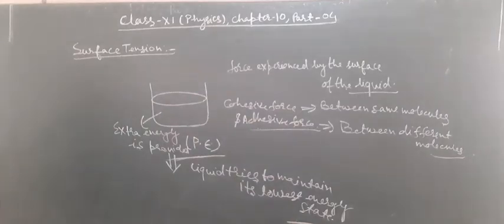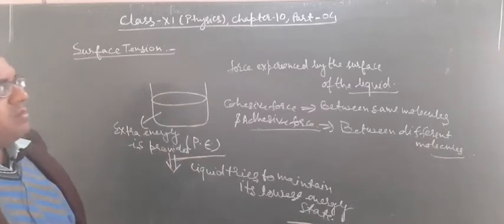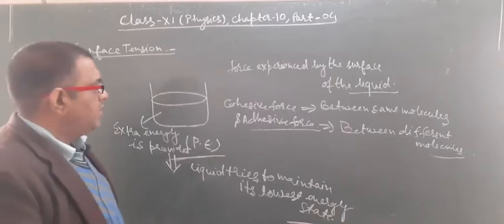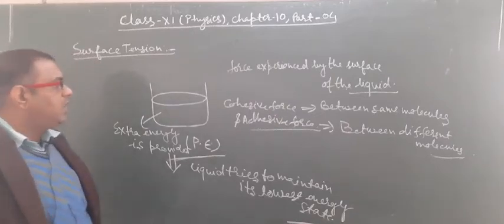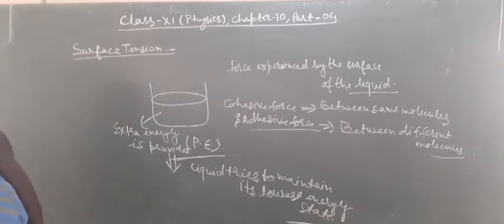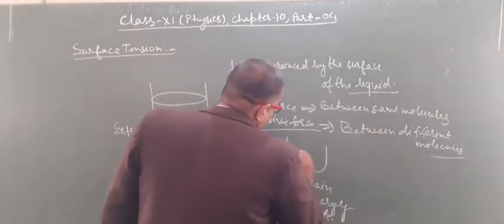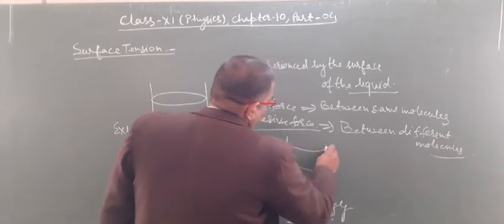Means by the help of this energy, the liquid tries to maintain its lowest energy state, and while maintaining the lowest energy state, the shape of the liquid is curved. You have observed this type of shape of the liquid.